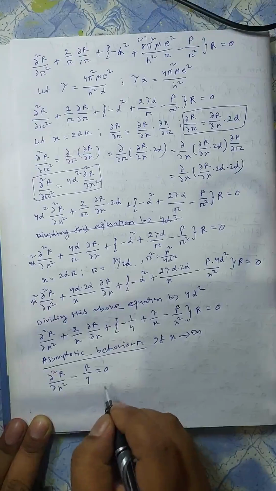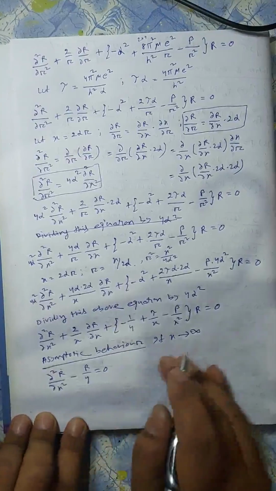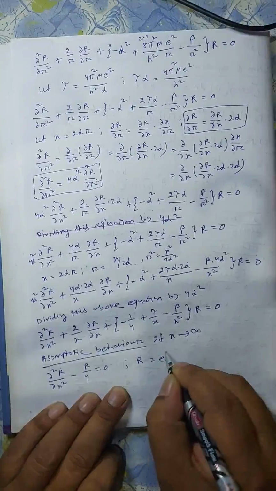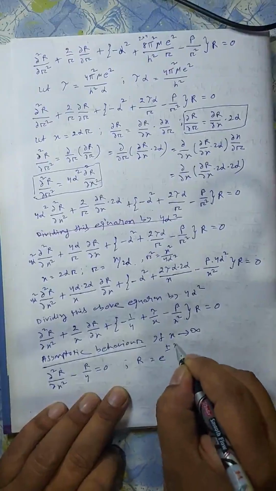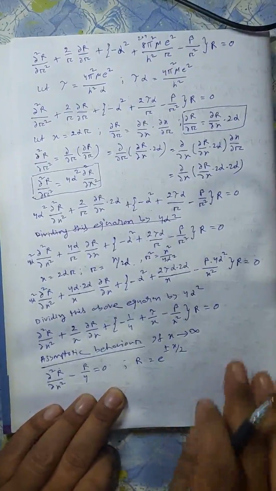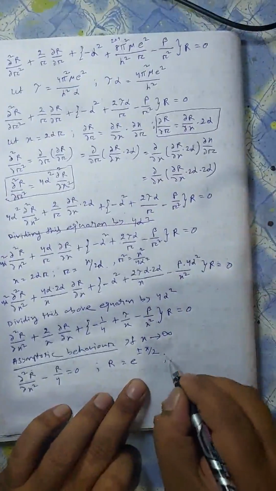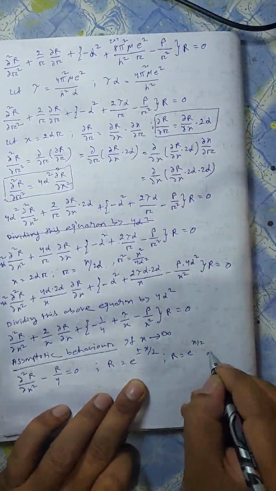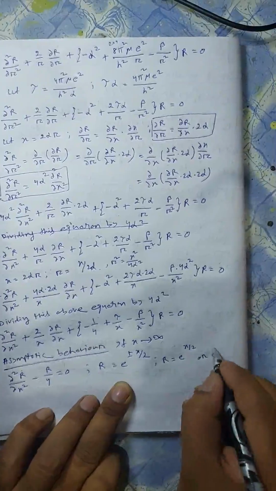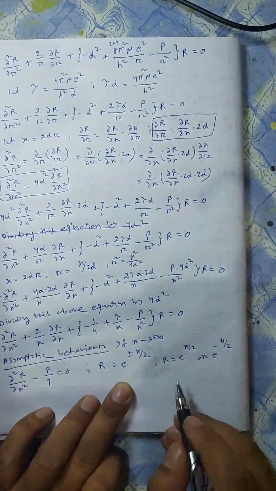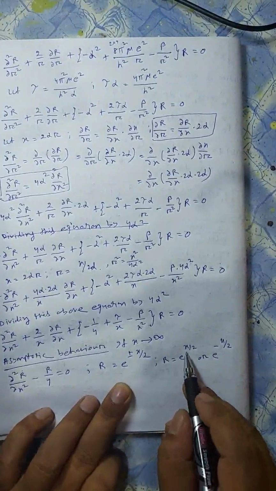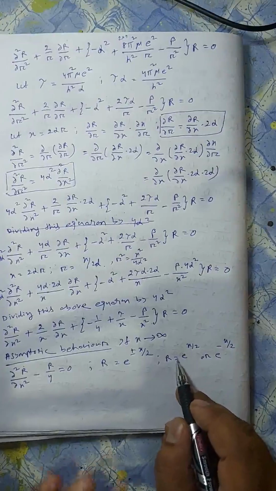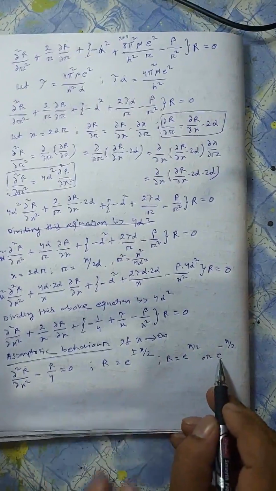This is remaining, and the solution of this equation is R equal to e to the power plus or minus x by 2. So there are two solutions. One solution is e to the power plus x by 2, or another solution e to the power minus x by 2. Here you see, as x tends to infinity this value will increase, but in this case this value will decrease.